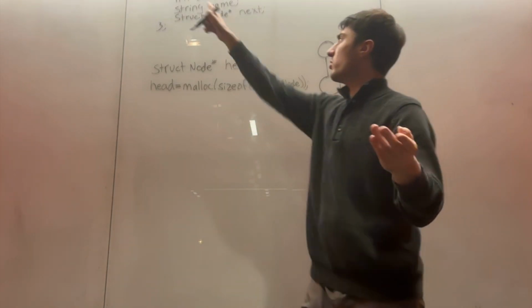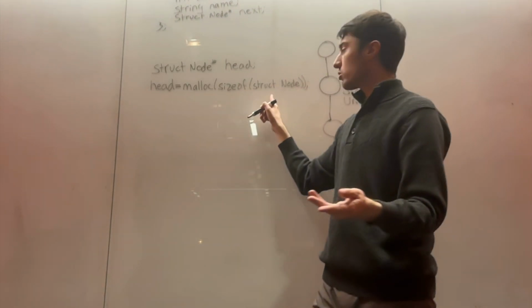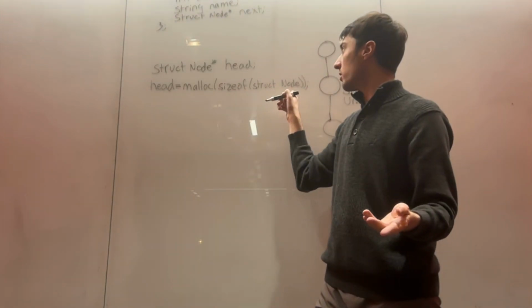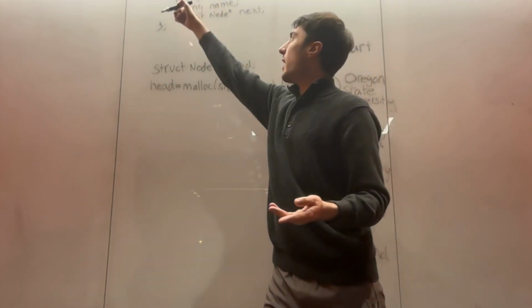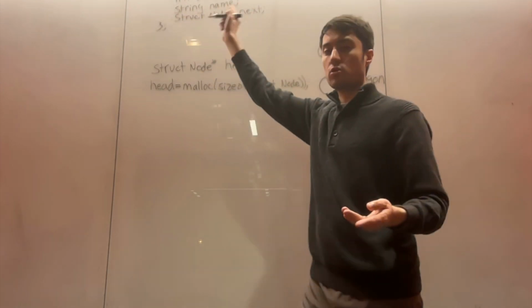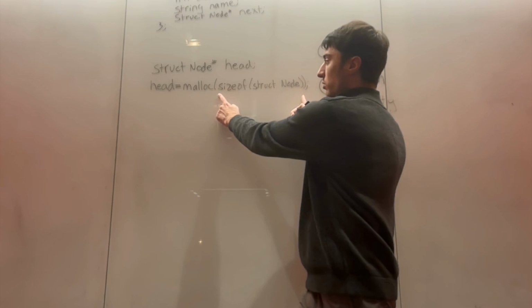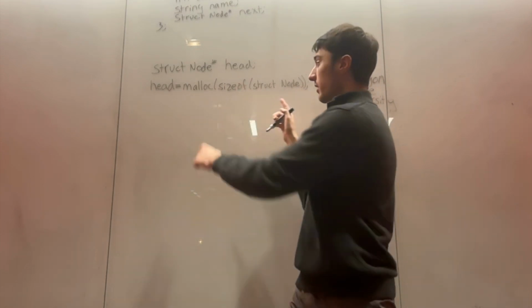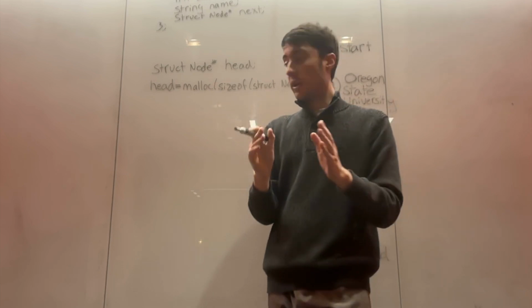Well, struct node is just a data type, right? So I can pass in struct node into this sizeof, and it's going to find out how much memory this struct node actually needs. It's going to return it, and then that's going to be passed into this malloc function. And then the malloc function is going to find enough memory.